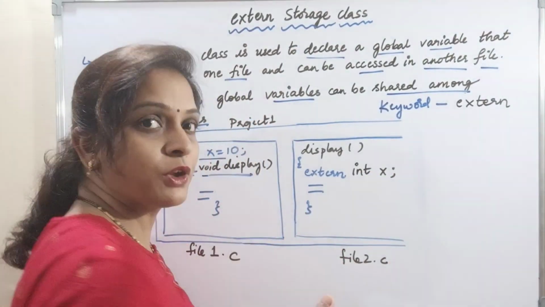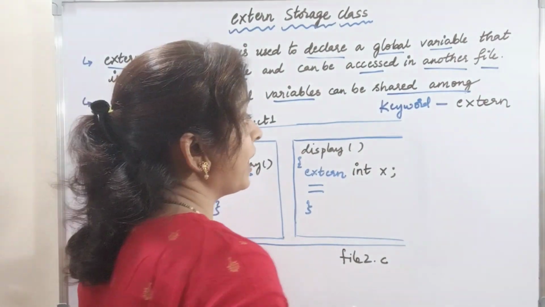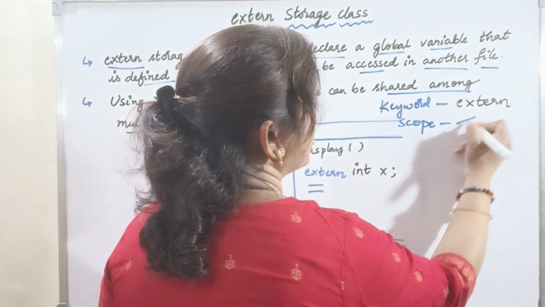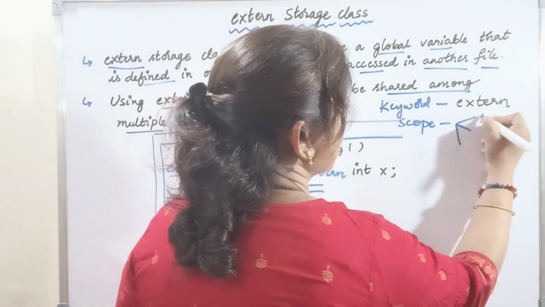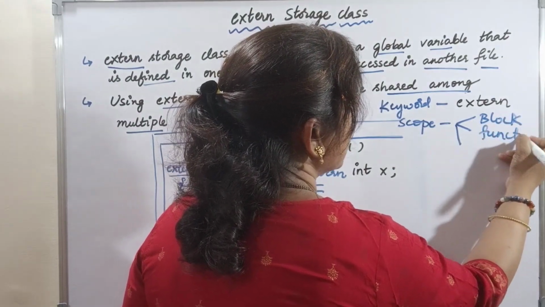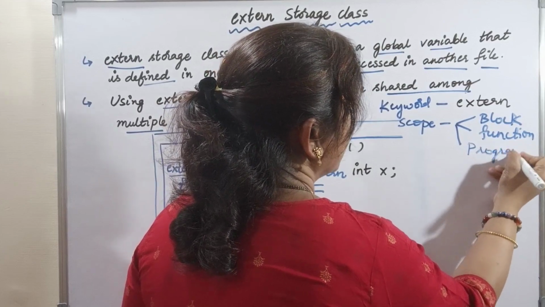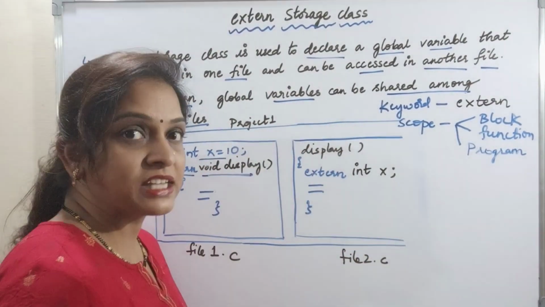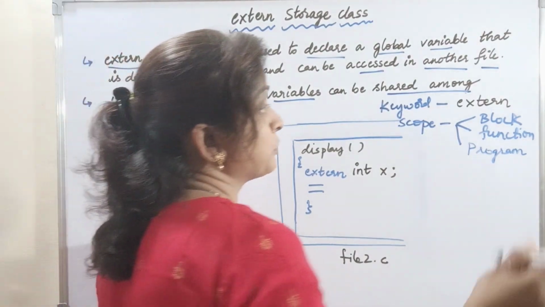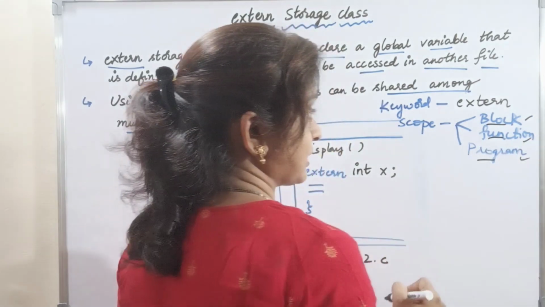Scope talks about where it is accessed, and it covers three things: either only within a block, or within a function, or throughout the program. Here extern is accessed throughout the program, in every block and function, everywhere.